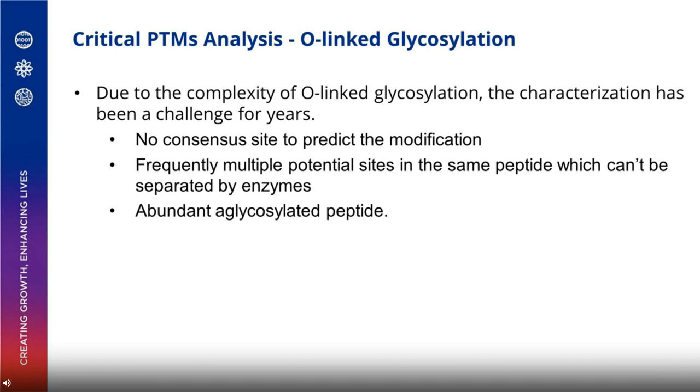The characterization has been a challenge for years due to many reasons. The first is being unable to predict the modification site, and frequently multiple potential consecutive sites are in tandem sequence in the same peptide, which cannot be separated by the specific enzymes. Most of the time, the most abundant one is the non-modified glycosylated peptide.